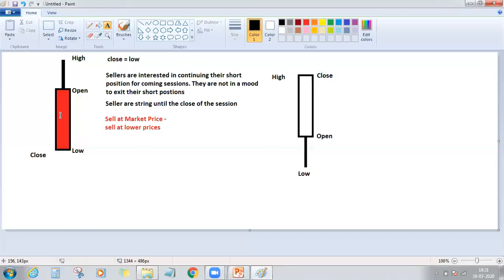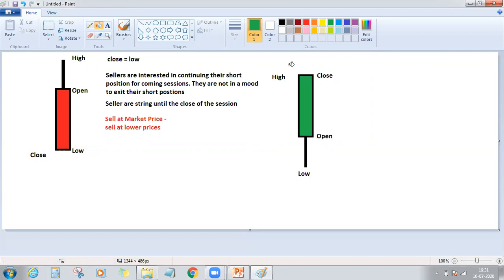Whatever strength the bears have exhibited here, the same magnitude will lie here, but with bulls. So, bulls were able to maintain their strength until the day end or until the end of that particular time interval, and they are in a mood to continue their position going forward.